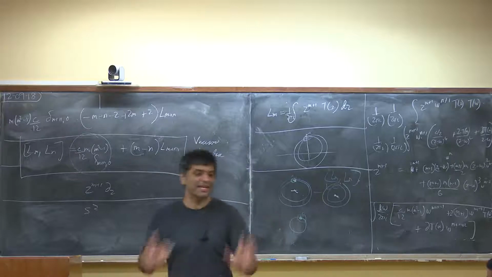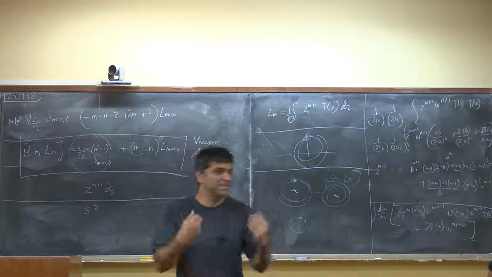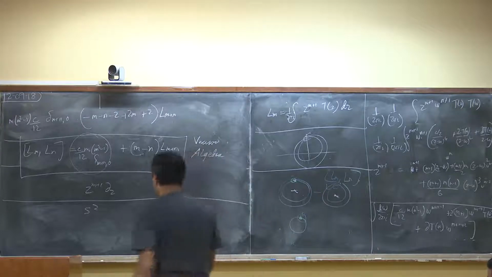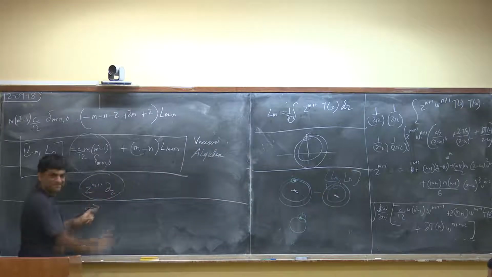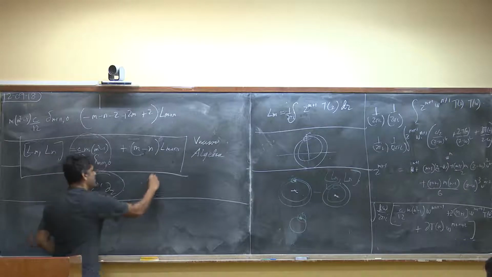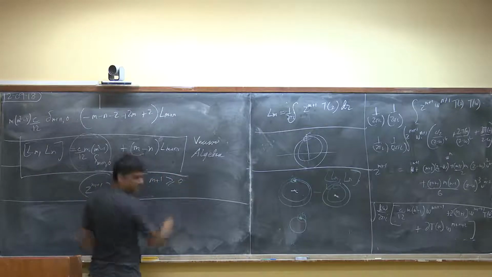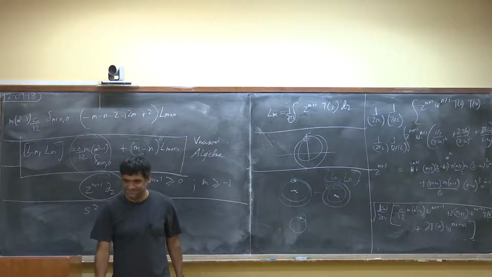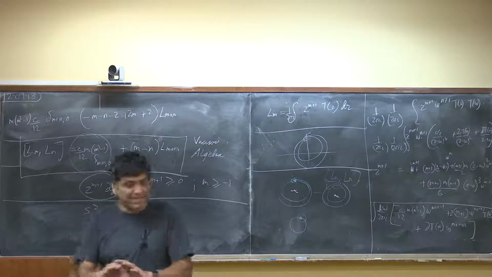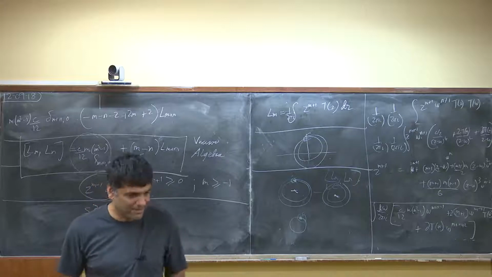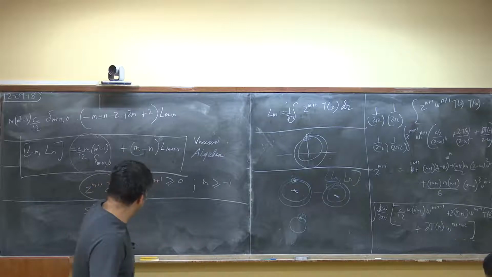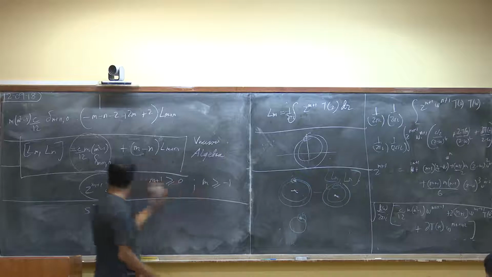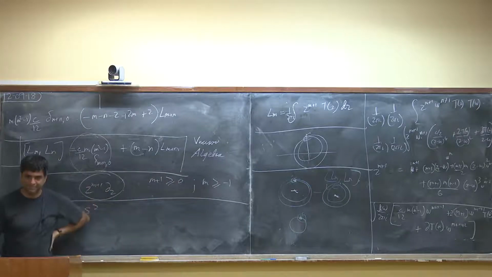Let's first look at z equals 0. Z equals 0 is very easy to see, because this is a vector field. If m plus 1 is greater than or equal to 0, that is, m is greater than or equal to minus 1, this vector field is well behaved at 0. If m didn't obey this inequality, this vector field would be problematic at 0.